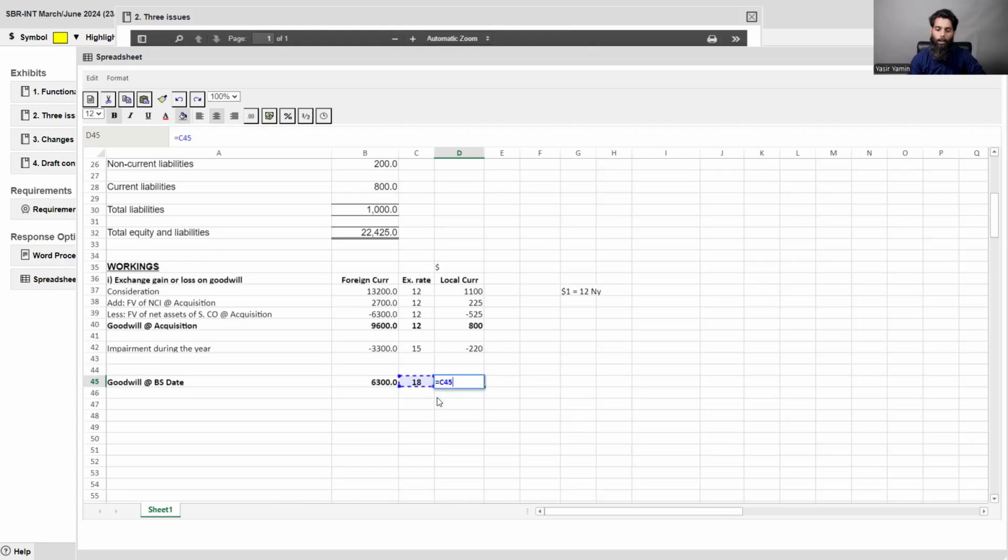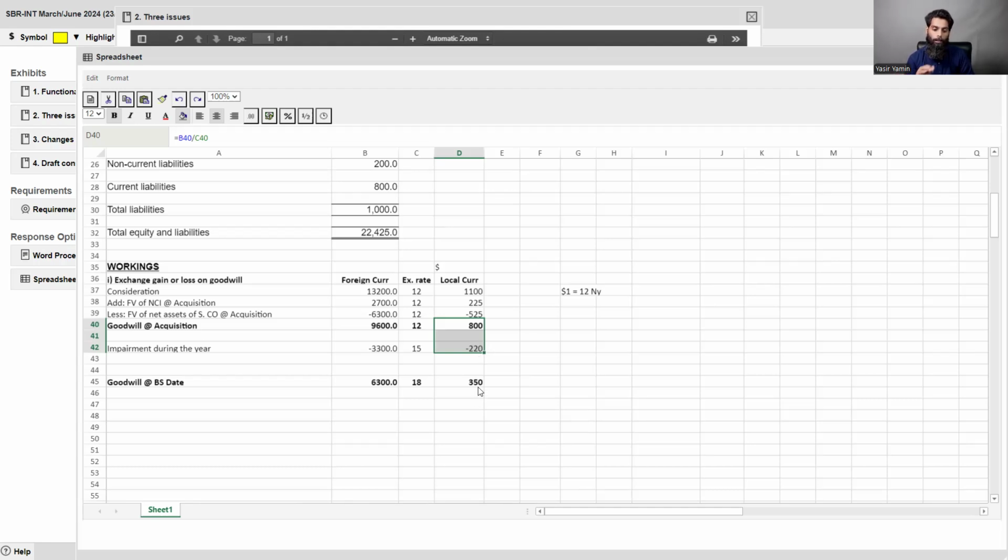And when you do this translation, you see that your answer does not match. $800 was the goodwill before impairment. The impairment's value is 220. And if you net off 800 and 220, I guess you are left with maybe 580 or something.